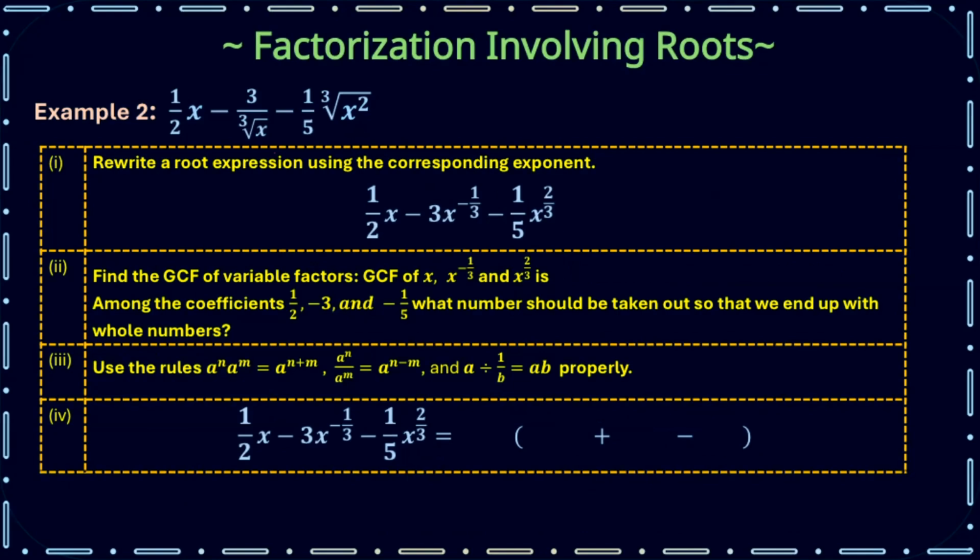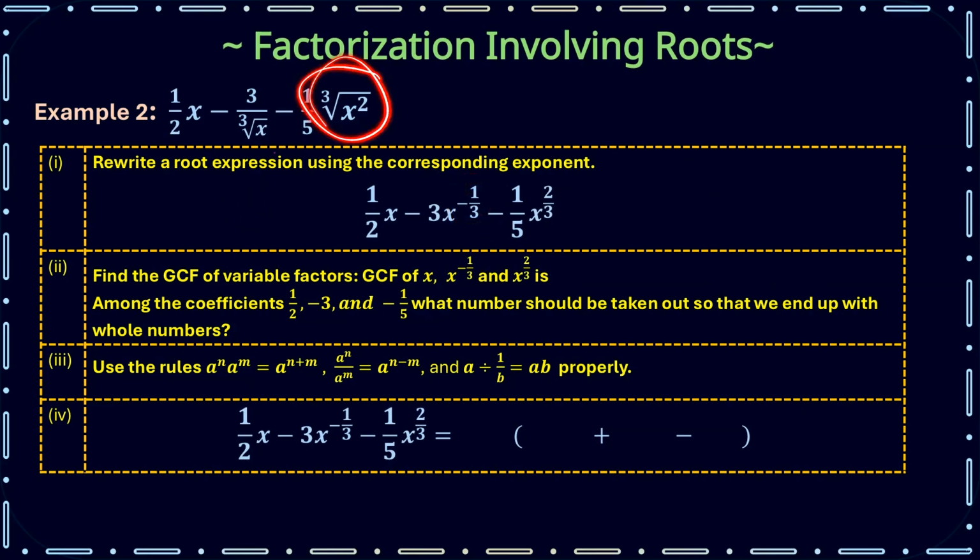But what you can do is reciprocate the cube root of x. Cube root of x is the same as x to the power of 1/3. Bring it to the numerator and make the power negative, as you can see here.